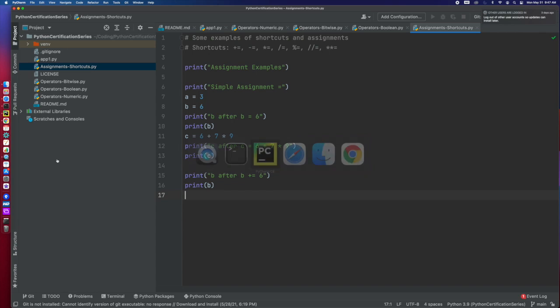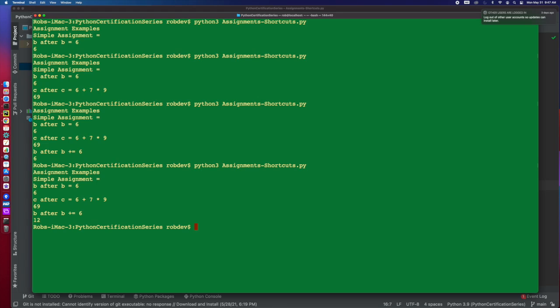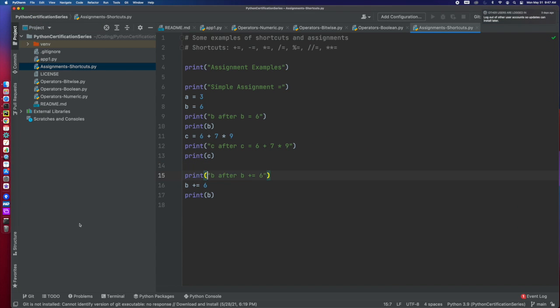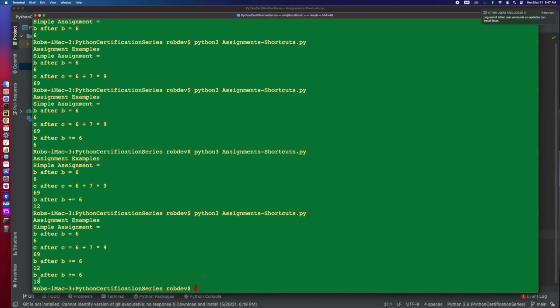I did not do that right, I don't think. I should probably actually print it. So if I do plus equals 6 and jump back over here, now it's equal to 12. If I do plus equals again, we're going to see now it's 18.